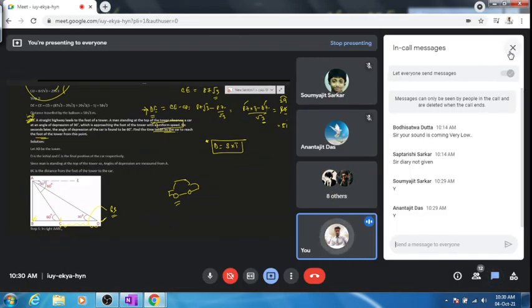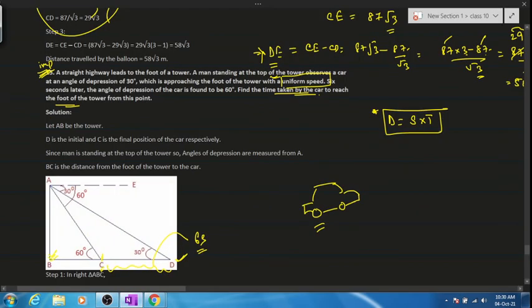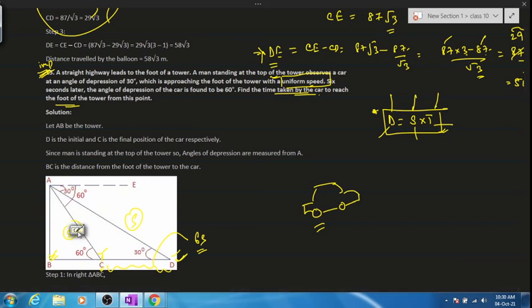You have done this formula time and again in physics. I don't think I'll have to go in depth of this formula, where what is D, what is S and what is time: distance, speed and time. Since the speed is uniform, the speed from D to C is the same as the speed from C to B. Is it clear?